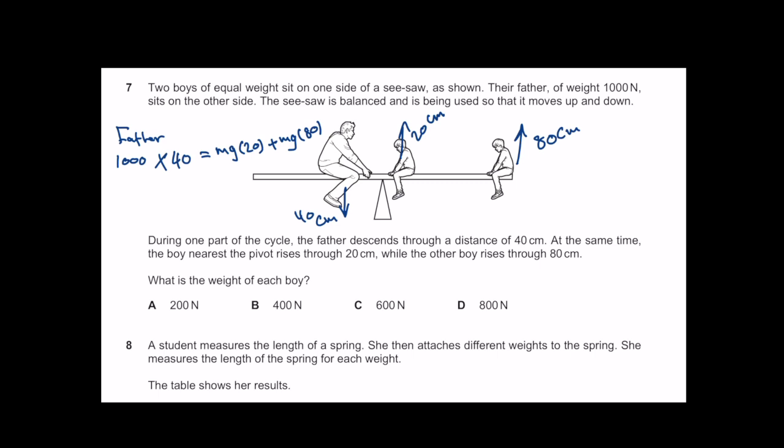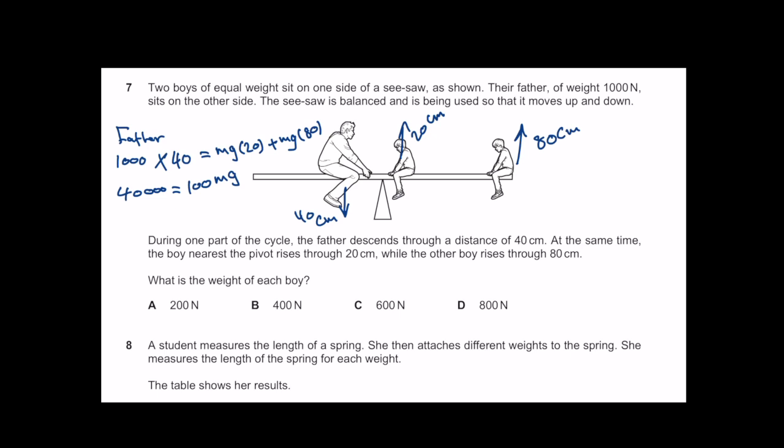So we have one equation with one unknown. It could be great if you find it, like 1000 times 40, it gives you 40,000, equal to mg times 20 plus mg times 80. It gives you directly, when I take mg as a common factor and add them, 100 mg.